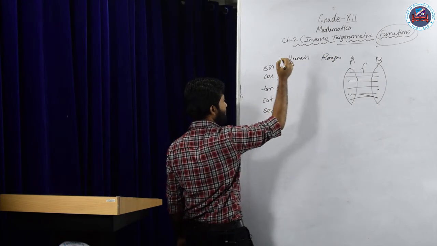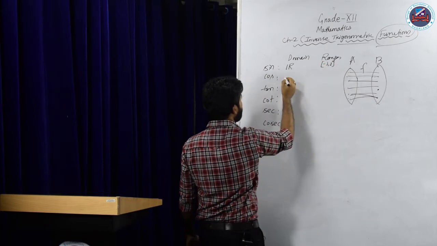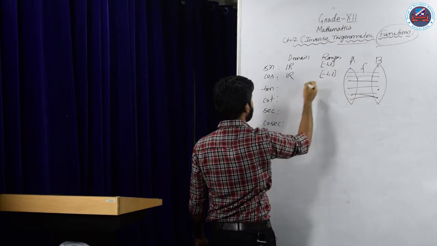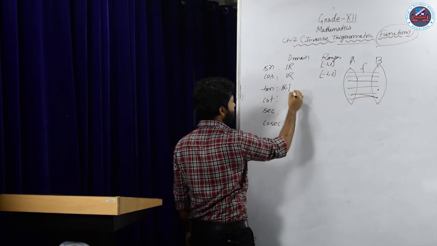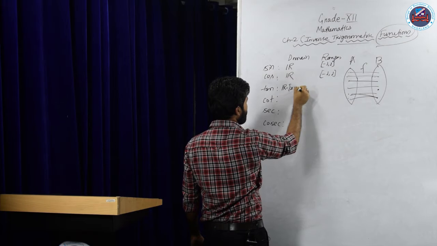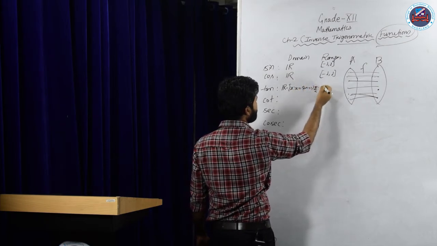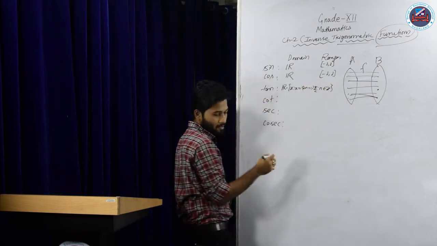It is the set of real numbers and the range is -1 to 1. The domain of cos is the real numbers, and the range is -1 to 1. Tan: R minus the set of x such that x is equal to (2n+1)π/2, where n belongs to the set of integers.